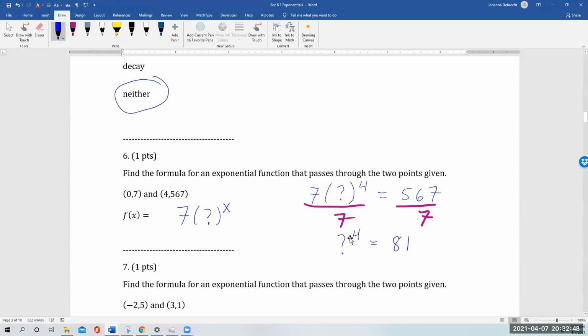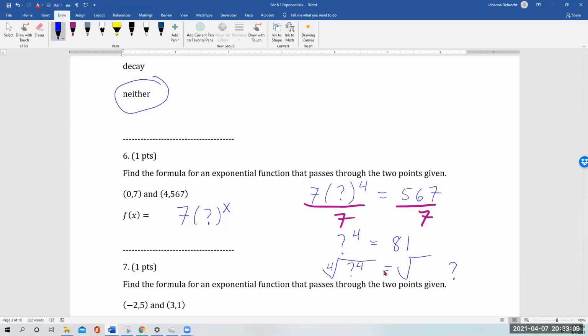Then we have to ask ourselves the question, what number raised to the 4th power gives us 81? So you can take the 4th root of both sides if you want to find the solution. The 4th root of something to the 4th power will give me the something by itself.